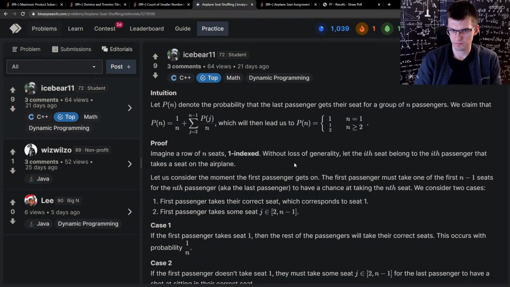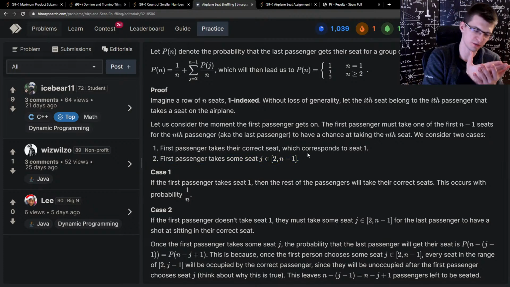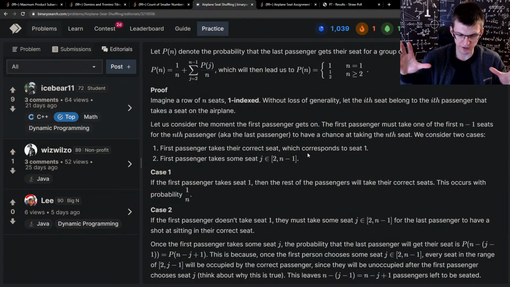When the first passenger gets on, the first passenger must take one of the first n minus 1 seats. Okay, we say that if he takes the last seat, then it's already over. Otherwise, he takes one of seats 1 through n minus 1, and we have two cases. Either it's correct seat, or just it's a smaller case. This one random person moves on, we have n minus 1 left.